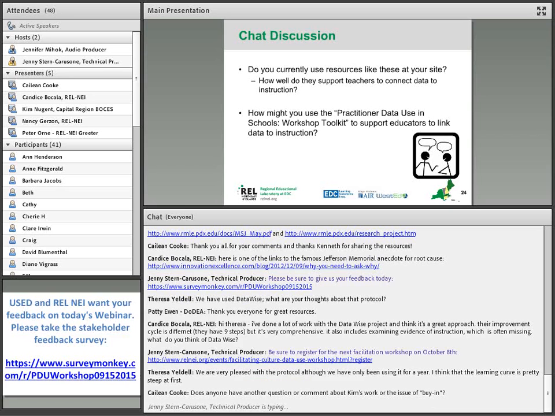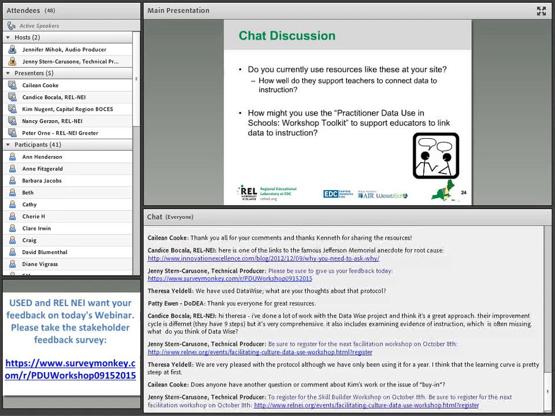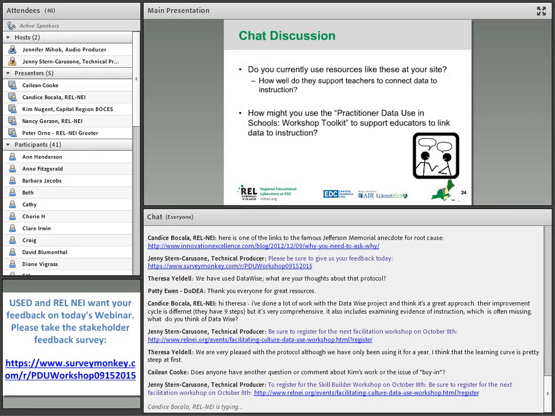I saw in the registration that many of you have co-registered. We're going to have a format similar to this one, but the topic of culture of data use is very different, and the workshop itself is very different. It is a research to practice kind of workshop, and it's more for leaders of the process, thinking about how would I set up a system that supports developing a culture of data use. So it's much more than just using data.